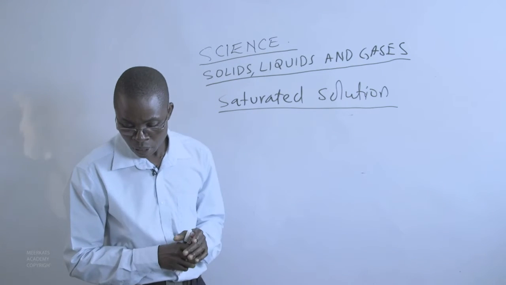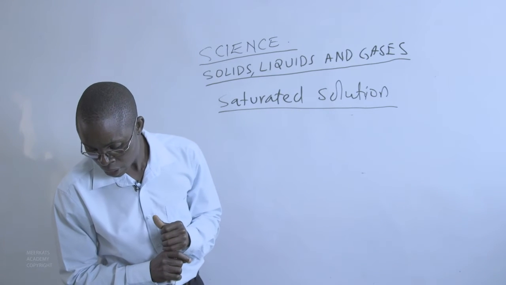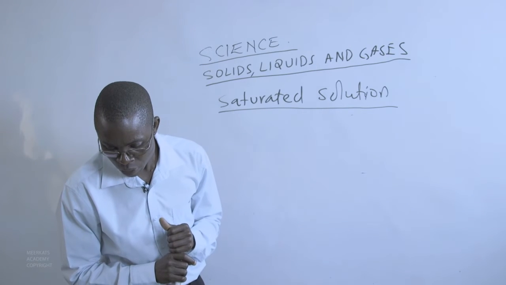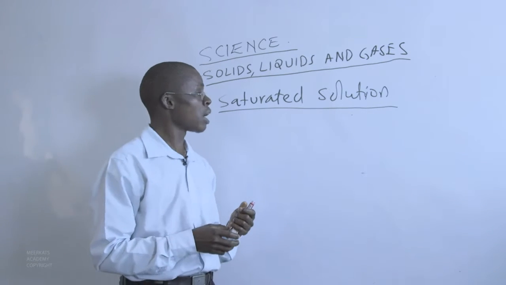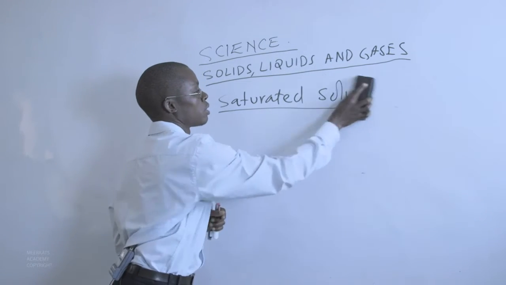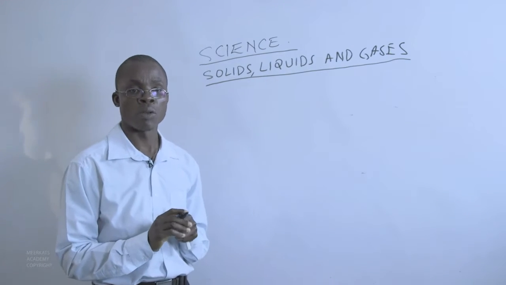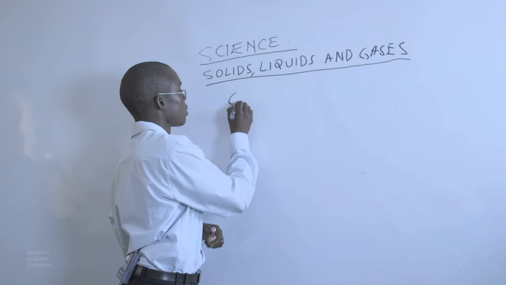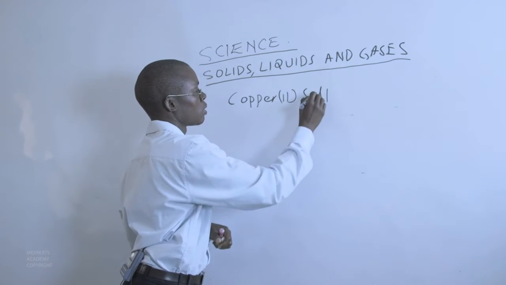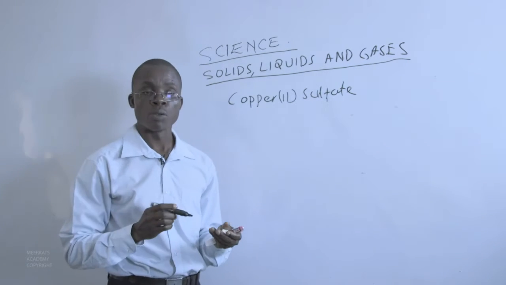The first condition is when a saturated solution of copper 2 sulphate is filtered, some blue copper sulphate is got in the filter paper. Here you are having a solution, not now a saturated solution, but a solution. And this solution is copper 2 sulphate solution.